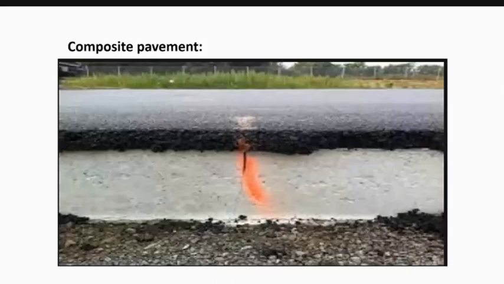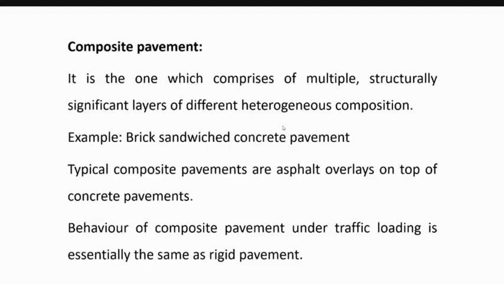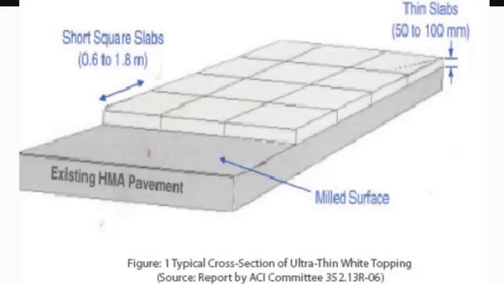Next is composite pavement. It is the one which comprises multiple structurally significant layers of different heterogeneous compositions, like brick sandwiched concrete pavement, or a bituminous pavement layer on top of the concrete pavement. In urban roads, in the smart city concept, you might have heard of the white topping of roads. What is white topping? The existing flexible pavement is there.